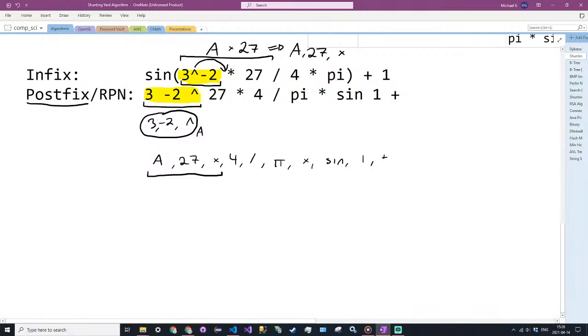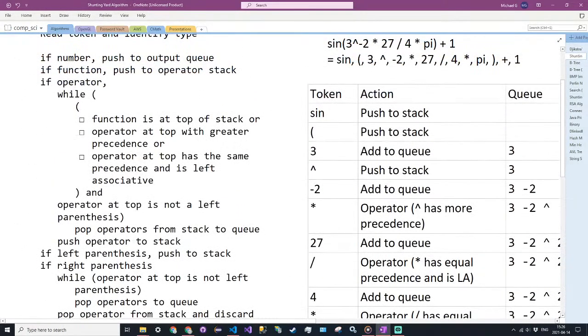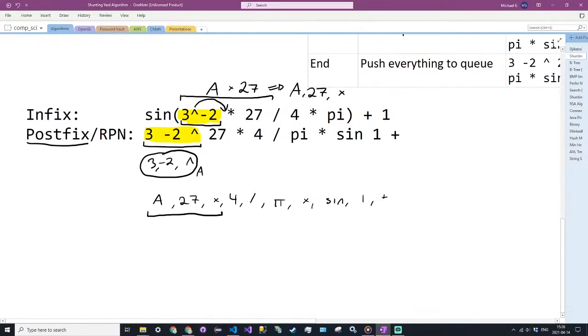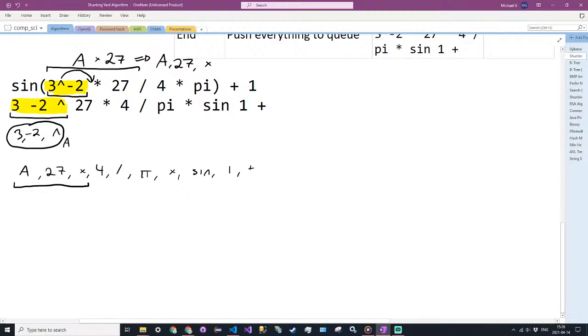And because of the conditions that we use to push onto the stack, push to the queue, pop from the stack, and so on, this will be in order of precedence. We can also see how this works in our infix.